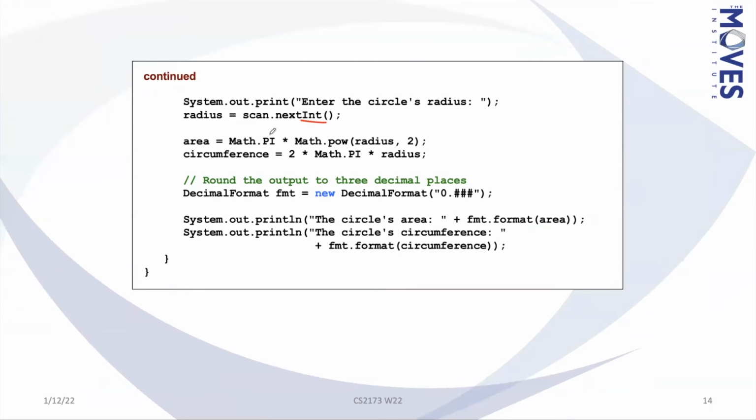Okay, so here's where a static variable is being used in math, and that's pi, because there's only one value of pi. Now, of course, on the computer, we cannot represent pi exactly.